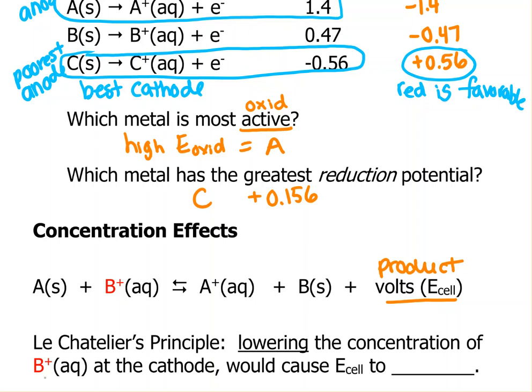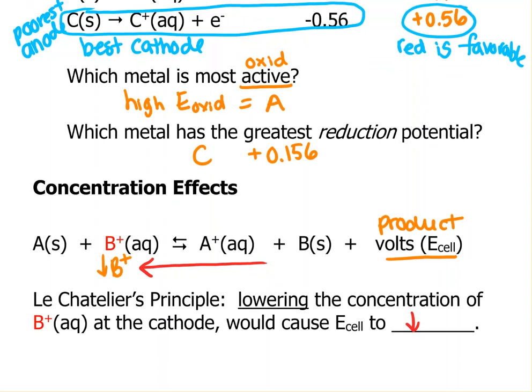If I lower the concentration of this ion, which is one of the ions in one of the half cells, that would cause the reaction to shift to the left to replace it. And that would cause the cell potential to decrease. And the opposite would be true. If you increase the concentration of whichever ion it is, the cell potential would increase.